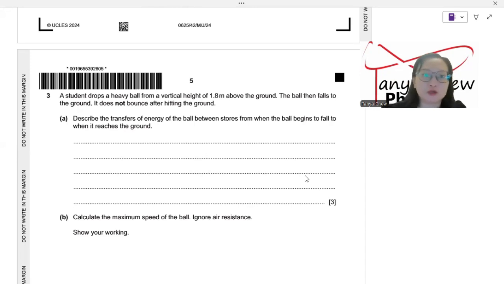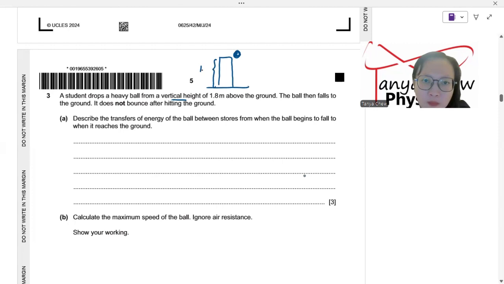So the ball is dropped from a vertical height. When you see there's a vertical height, you just imagine, or you can draw, not a problem. This is a ball. So the height here is 1.8 meter above the ground. So when the ball is given a height, the ball has initial energy, which is gravitational potential energy. Just bear this in mind, it's very important.